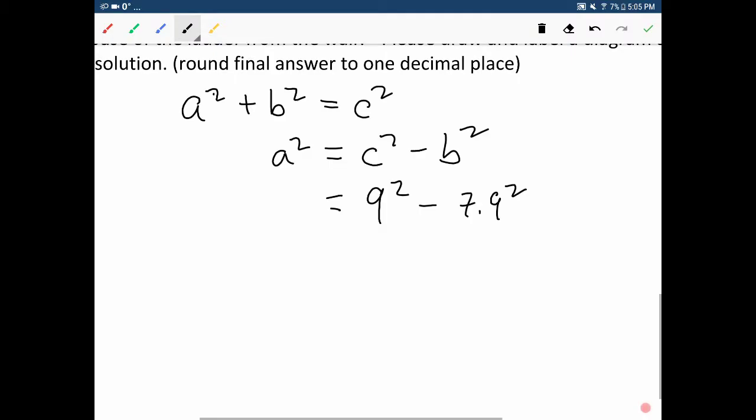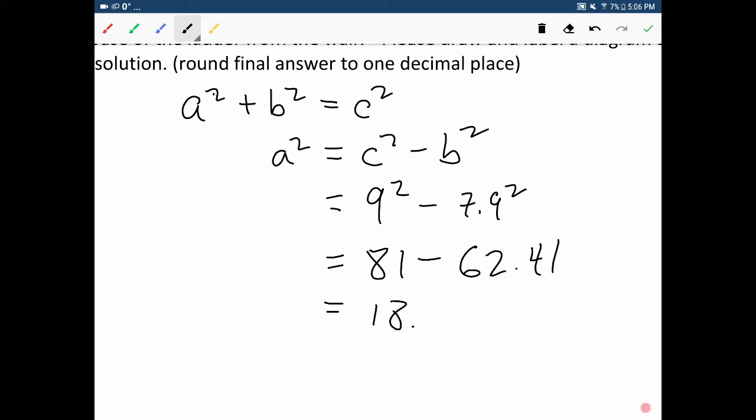All right, so that's going to give us 81 minus 62.41. Okay. And that's going to give us 18.59.